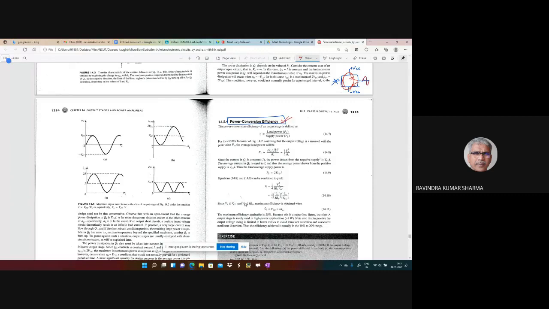So power conversion efficiency is the load power divided by the supply power. And what will be the load power?